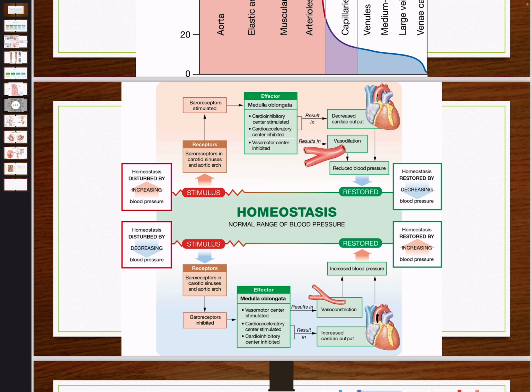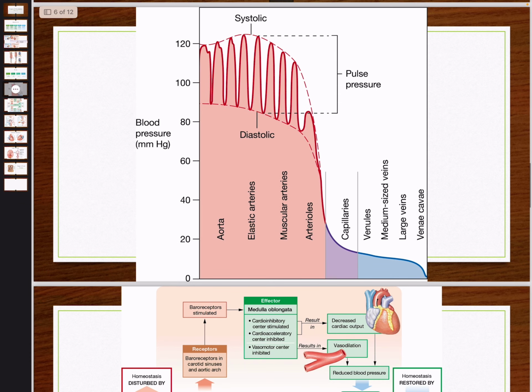They're listening for the systolic pressure and the diastolic pressure to then do the mathematical equation, the division for the mean, to get the mean arterial pressure, which is then measured with the blood pressure.